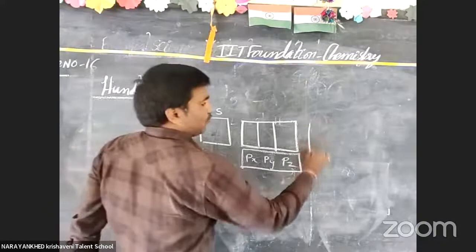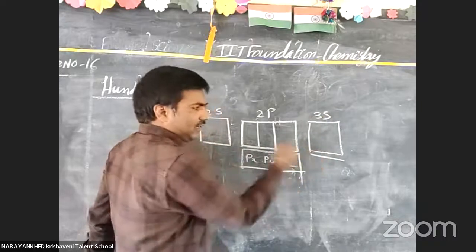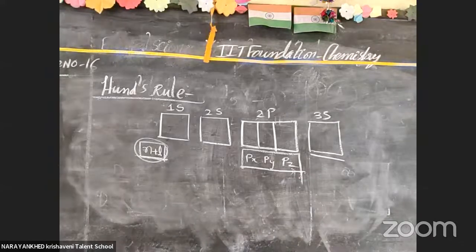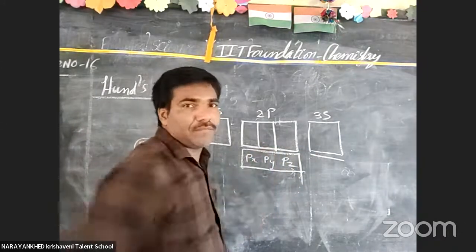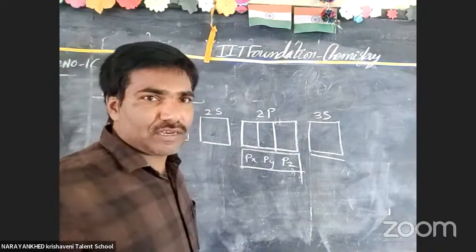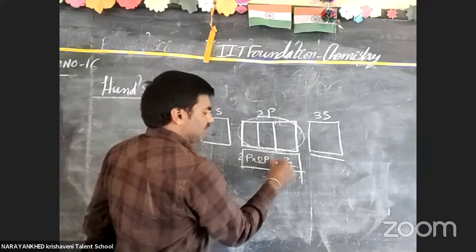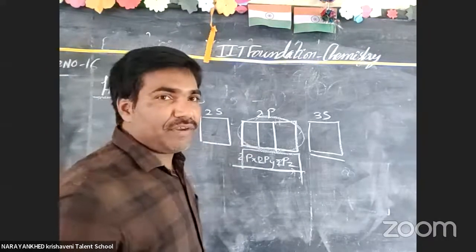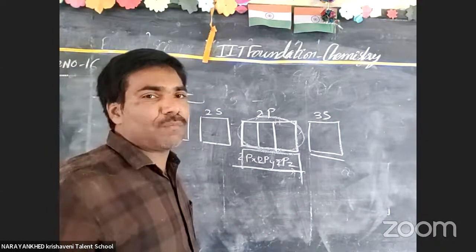And again, when we go to 3s, it contains higher energy compared with 2p. In this way we consider the energies. But this 2p, that is 2px, 2py, 2pz, is called a degenerate orbital. In this degeneracy, every degenerate orbital is filled by one electron, and only after that is pairing possible.